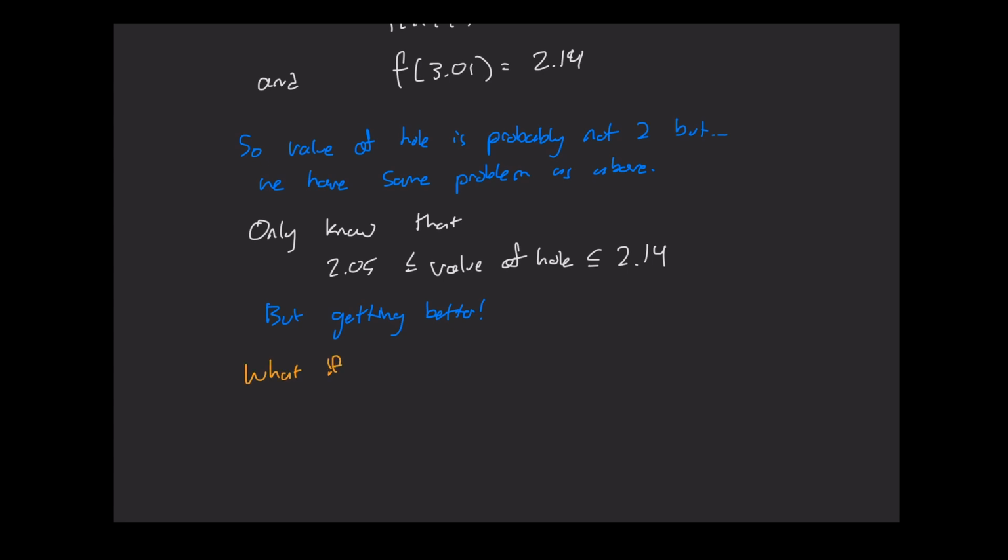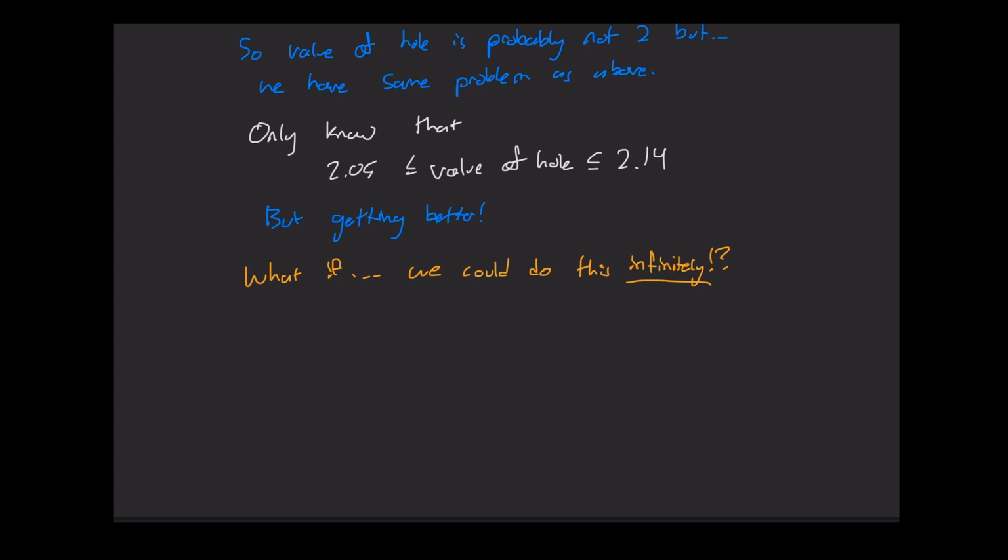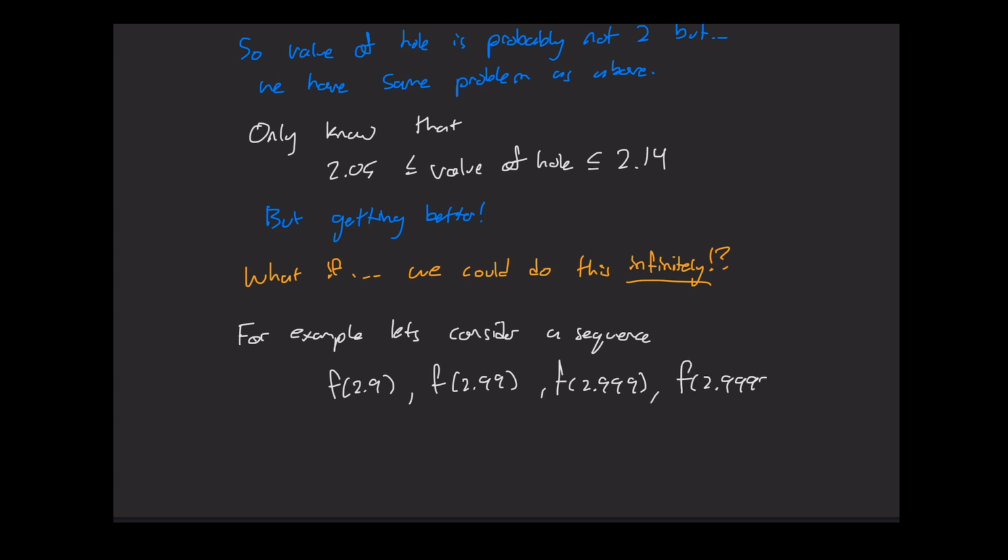So maybe you come across the curiosity, what if we could do this same process but infinitely? So if we could just keep getting closer and closer to 3. So let's see if we can write this down just for the sake of it. So for example, let's take a sequence f of 2.9, f of 2.99, f of 2.999, f of 2.9999, and keep going off to infinity.